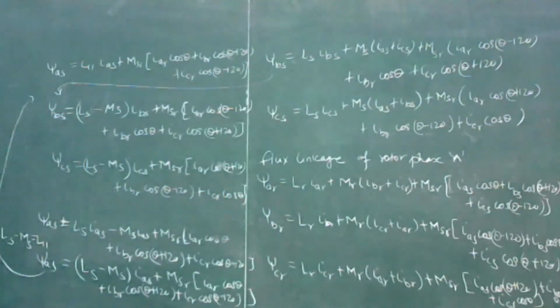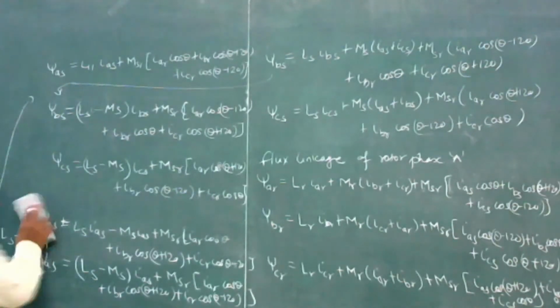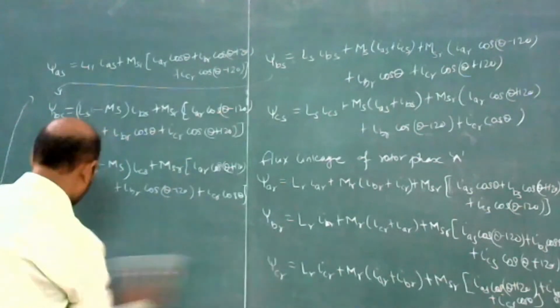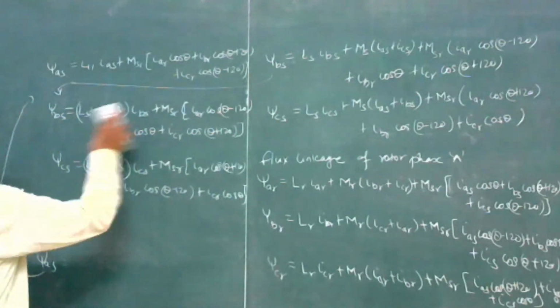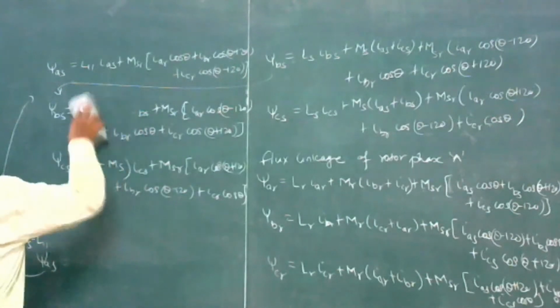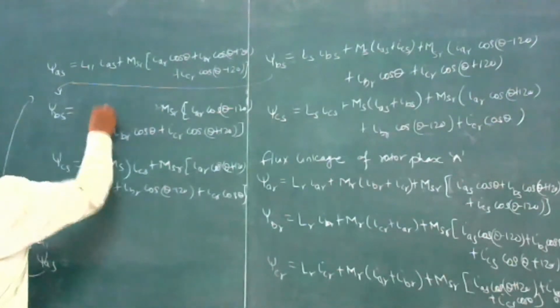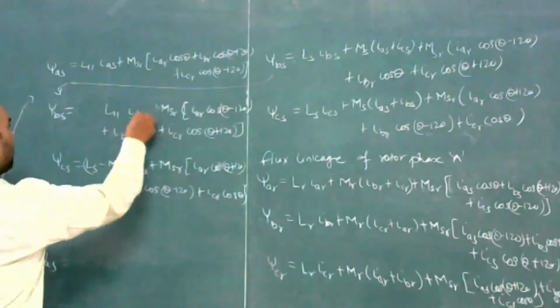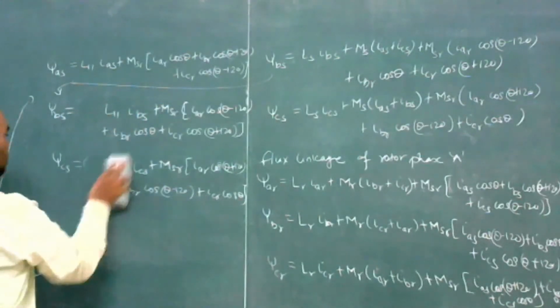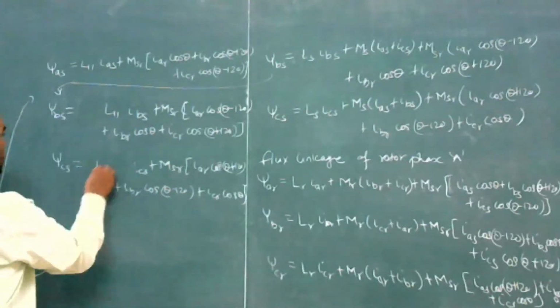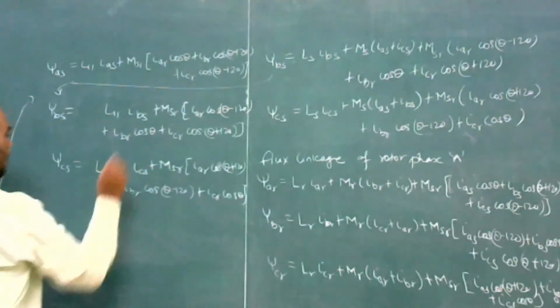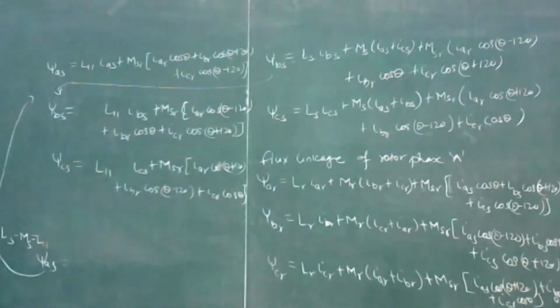But we have assumed LS minus MS is equal to L11. So we can write this equation as L11 into IBS, and this will be L11 into MS. So we can reduce the flux linkage equation like this.